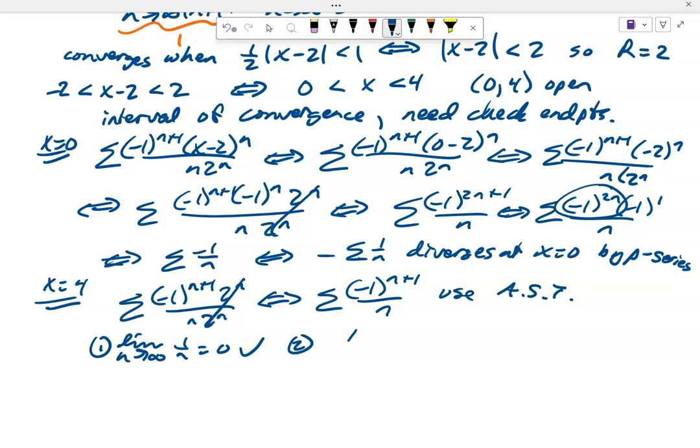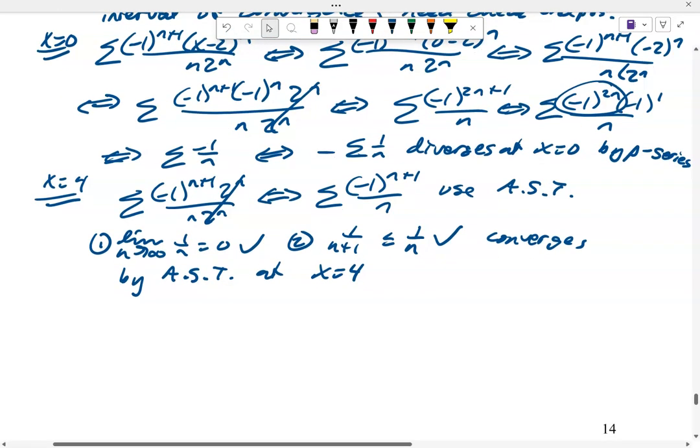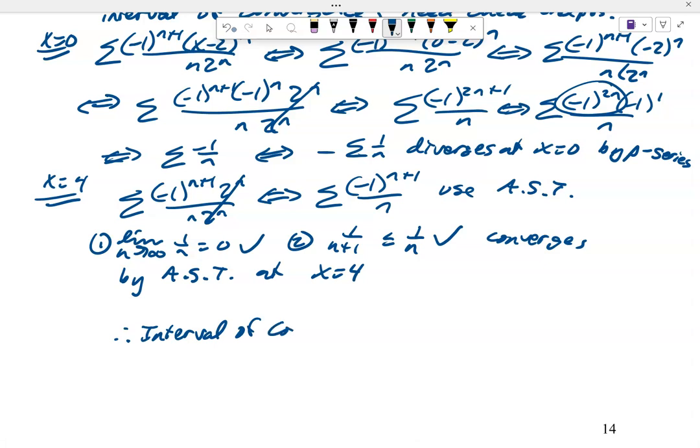That's true. It's also true, so it converges by the alternating series test at x being 4. So the interval of convergence, see, it diverged at 0 and it converged at 4.